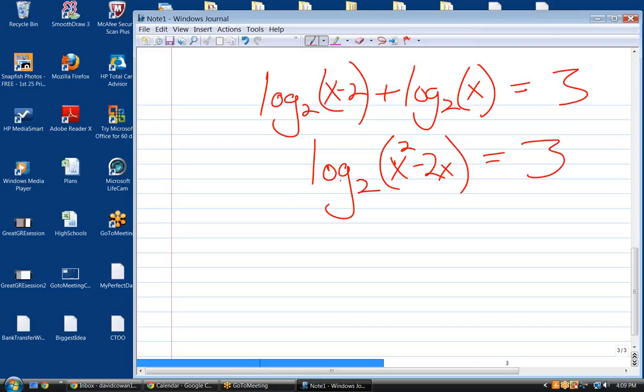Now, once you have it in logarithmic format, the secret to solving it is to put it into exponential format. What's the exponential expression of this? So it'd be x squared minus 2x equals 2 to the third power, so x squared minus 2x equals 8.